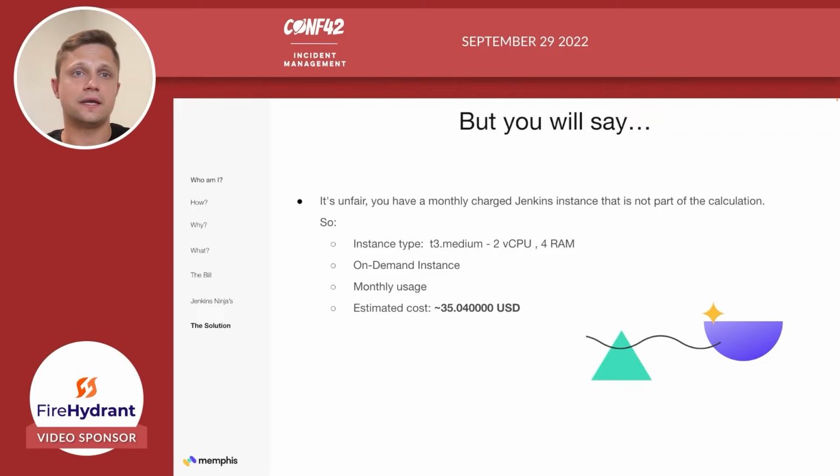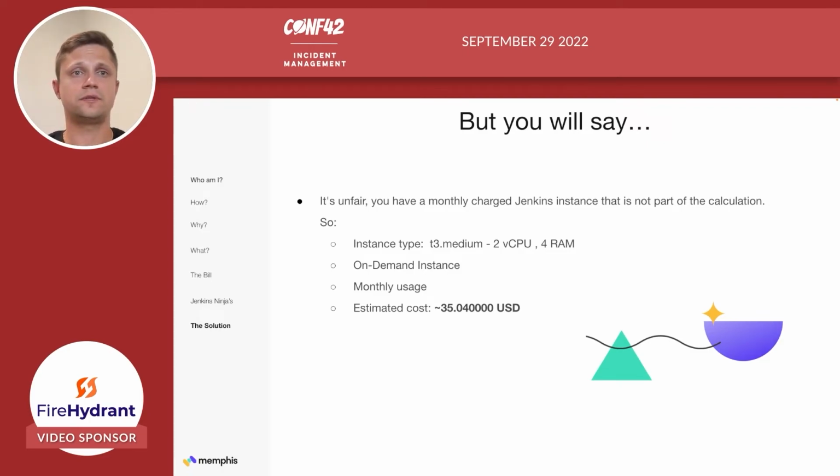It's a T3 medium, and honestly, I could take the T3 micro if I want, 1 CPU and 2 GB RAM, because on a daily basis the only thing this machine is doing is running the plugins and being a coordinator to point to the right fleet and redirect the pipeline to the right agent in this fleet. That's all. And the estimated cost is, of course, $45 a month.